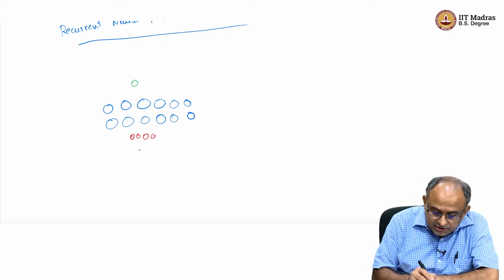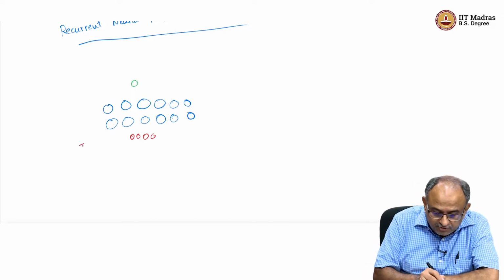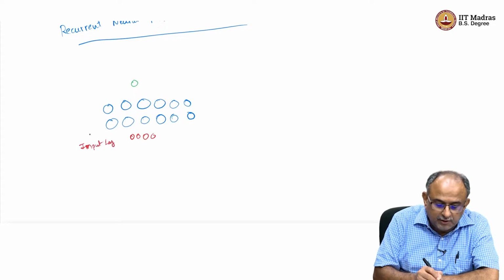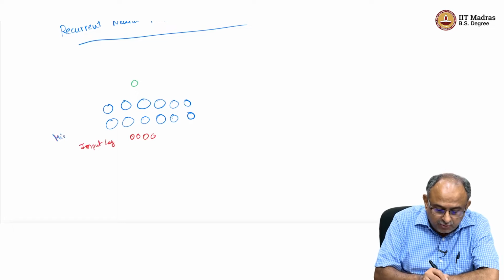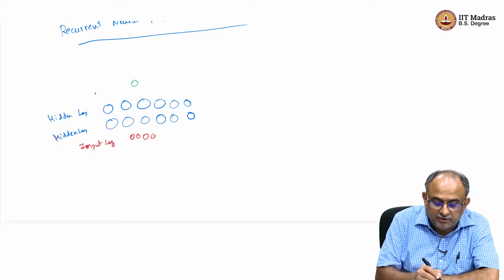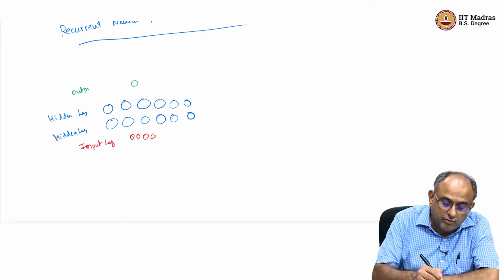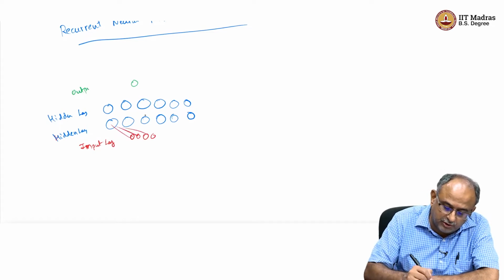So, this is the input layer. These are the hidden layers H1 and H2, hidden layer 1, hidden layer 2, and this is the output layer, right. In a feed forward network we go feed forward only, like this.